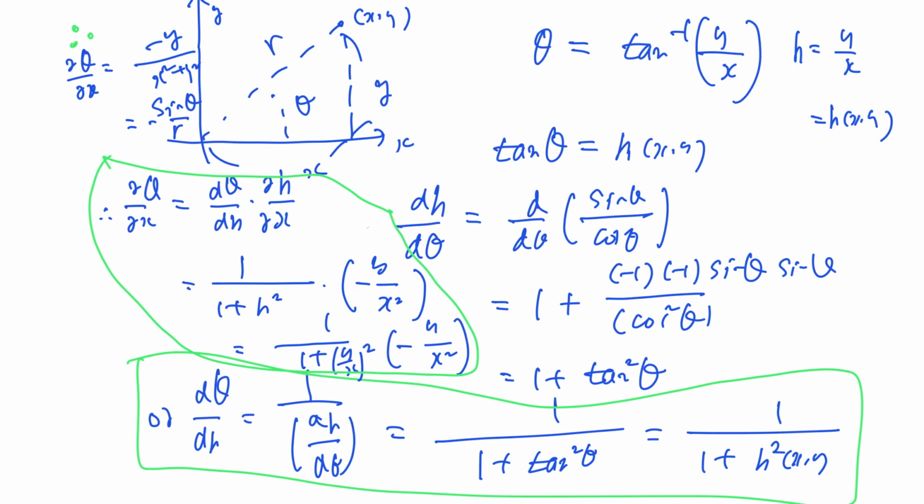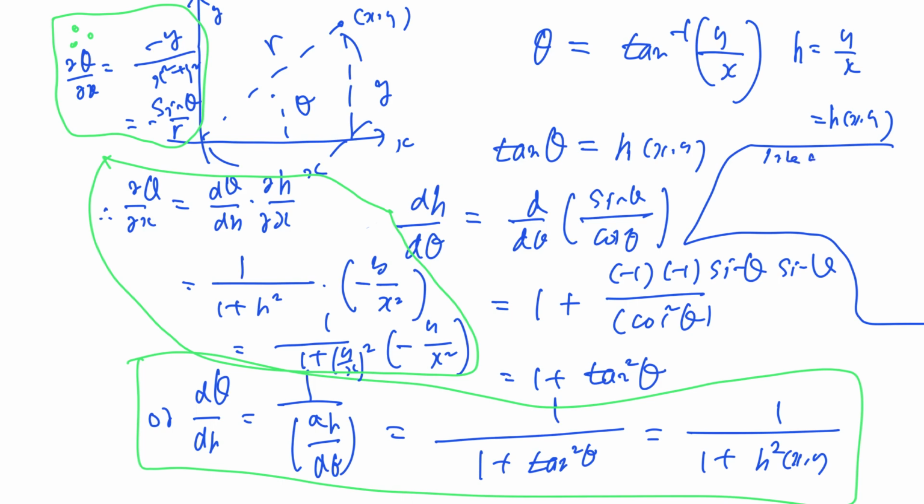On the other hand, likewise, partial theta over partial y is x square plus y square over x, which is r over cosine theta, right?